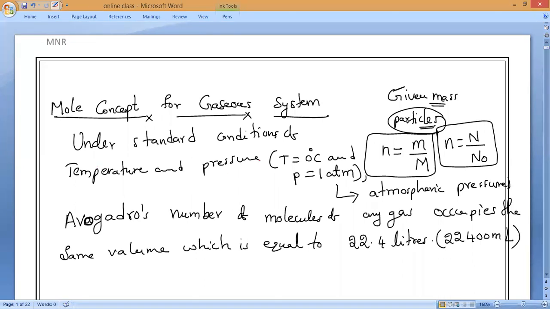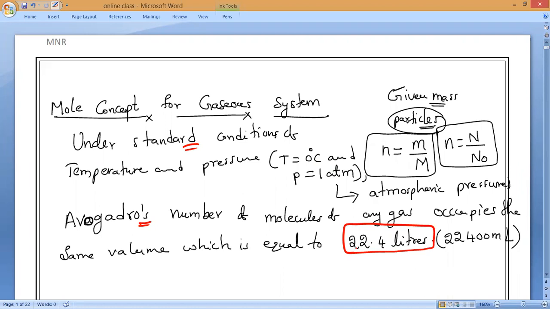So at standard temperature and pressure, 0 degrees Celsius and 1 atmospheric pressure, if we take any gas of Avogadro number of particles, how much volume will it occupy? It will always occupy 22.4 liters.